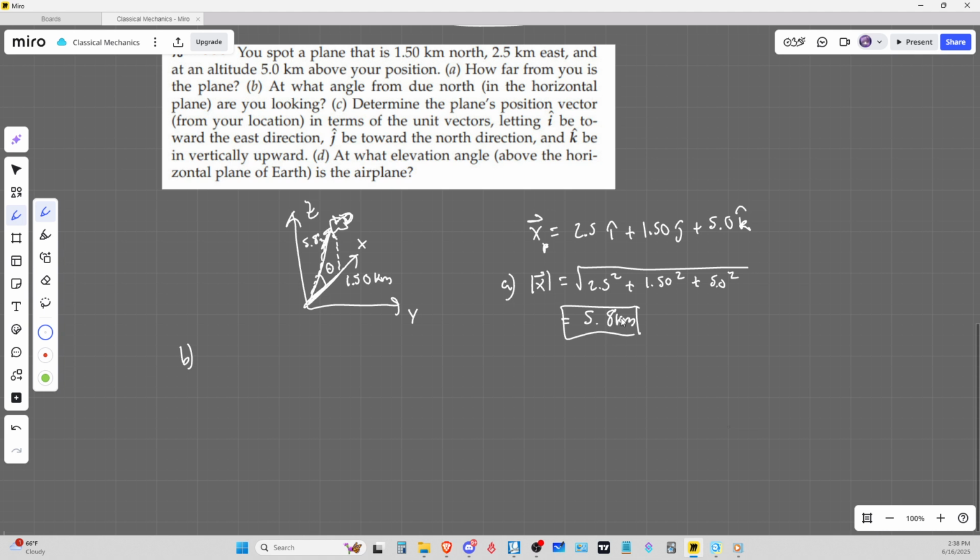Oh, wait, yeah, it's kilometers. We probably should invert this. I just remembered. So this is 5.8 kilometers. So that means 1 kilometer is 1,000 meters. We probably don't have to convert it, but I prefer to do it anyway, because I just want to keep the units perfectly sound.